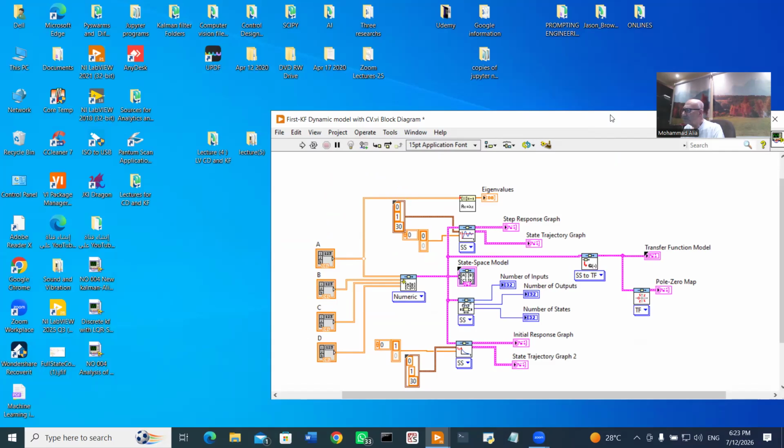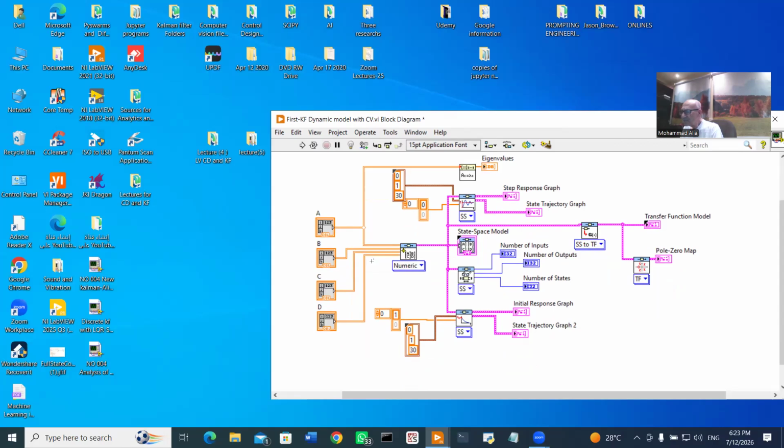example here. As you see, here is a state space model.